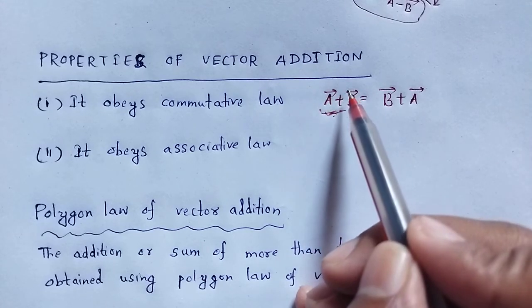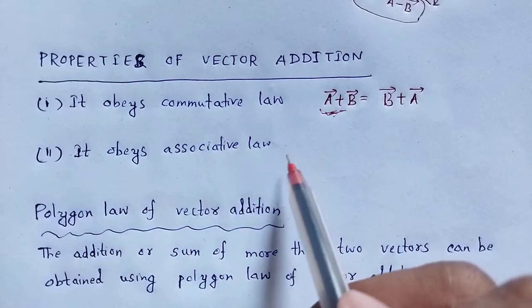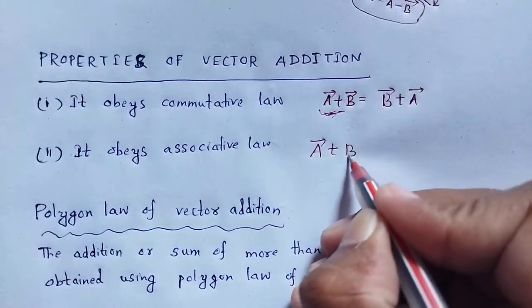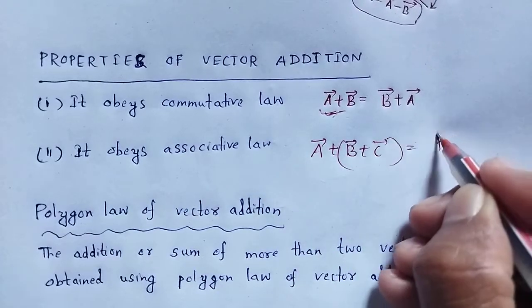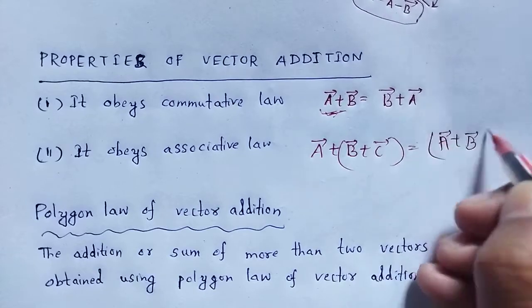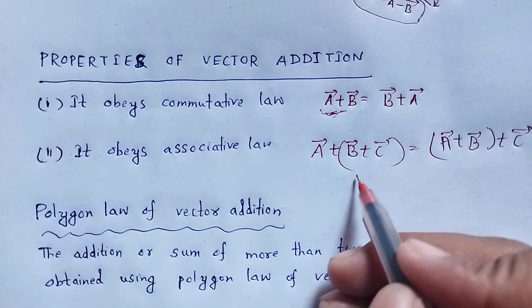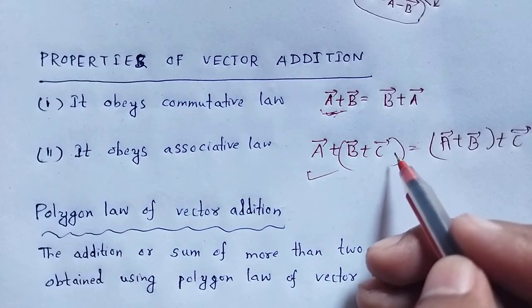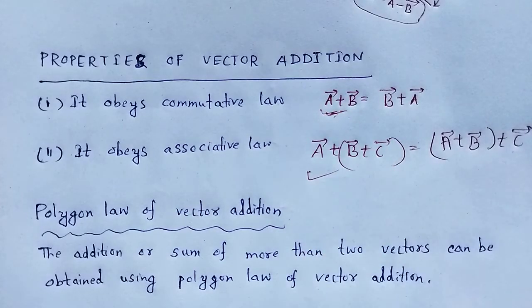We can further tell it obeys the associative law. How can we write? That is A vector plus B vector plus C vector is equal to A vector plus B vector plus C vector, grouped differently. That is the associative law. Vector addition satisfies the commutative law and also the associative law.